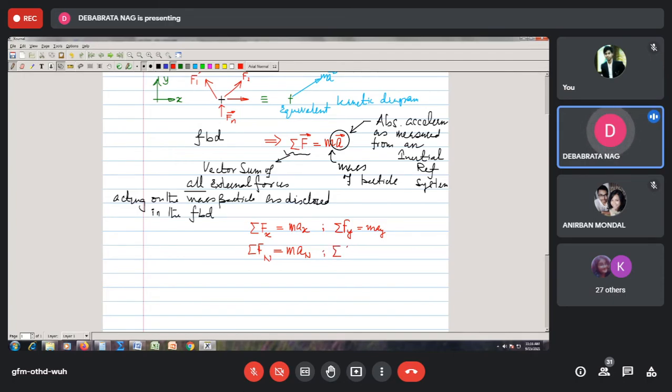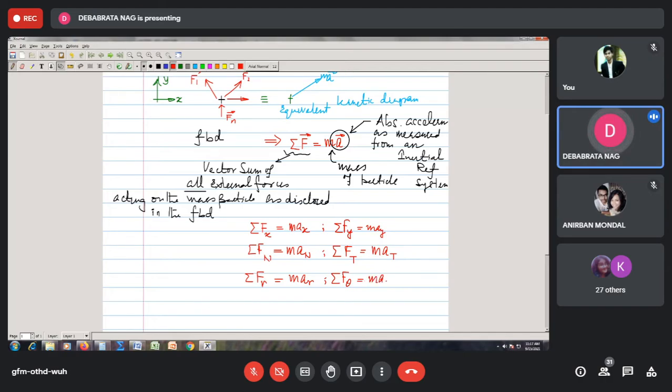Similarly, summation Ft, which represents the sum of the forces along the tangential direction, equals m at. Or if we use the r theta coordinate system, I write summation Fr equal to m ar and summation F theta equal to m a theta.